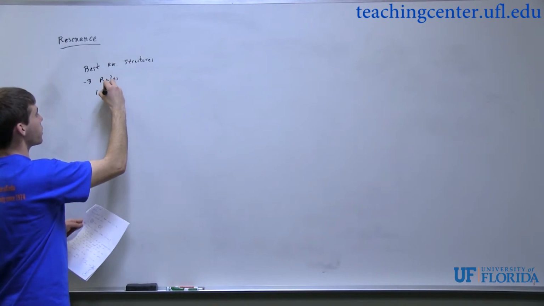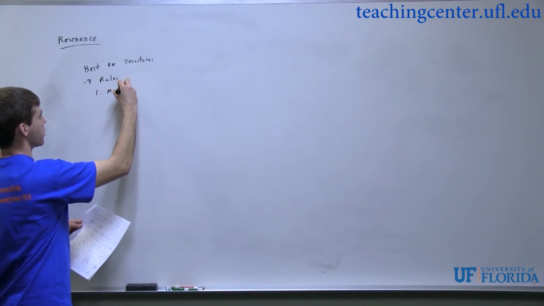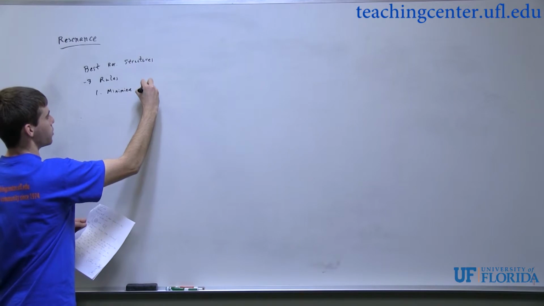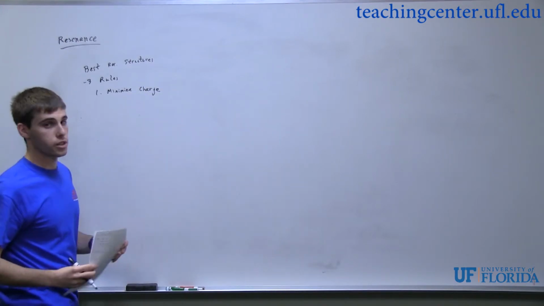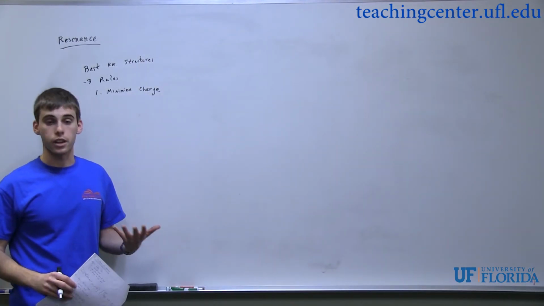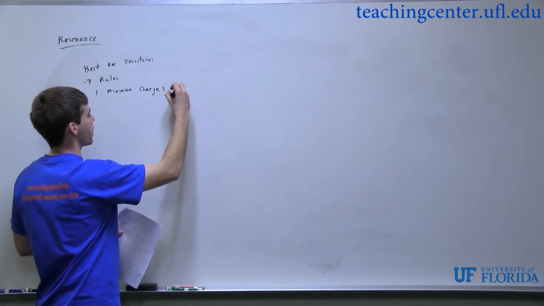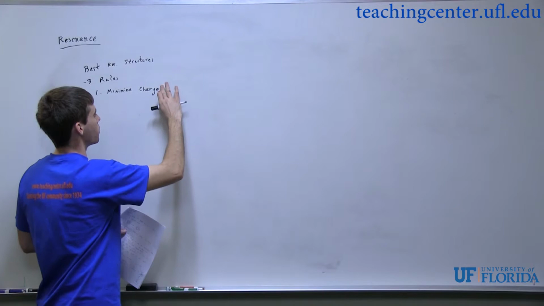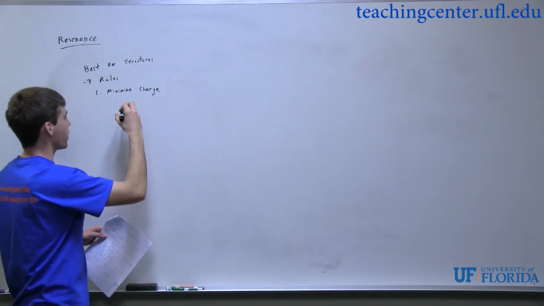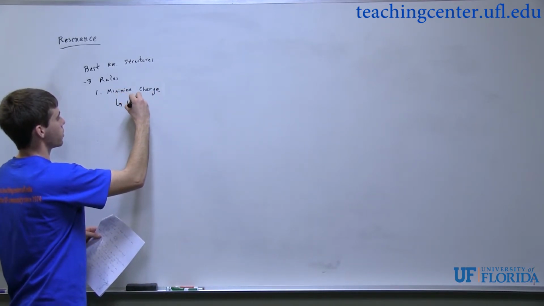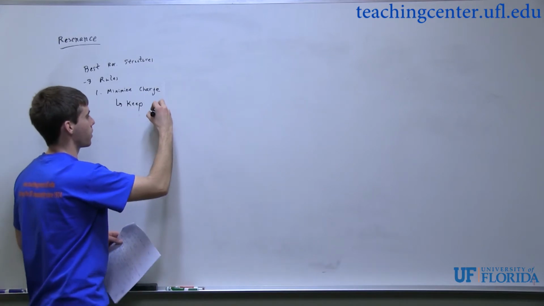So you want to minimize charge. And you might be thinking, well, what do you mean minimize charge? Isn't the charge always conserved? That's correct. So I'll leave it as minimize charge. You want to keep the charges on the more electronegative atom.